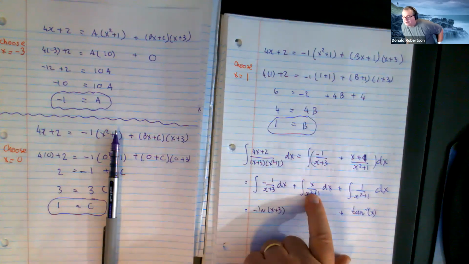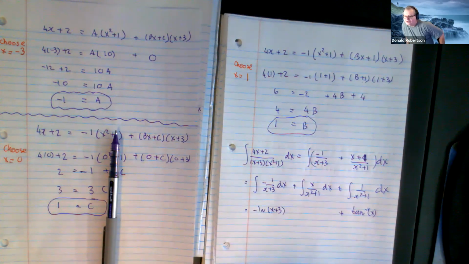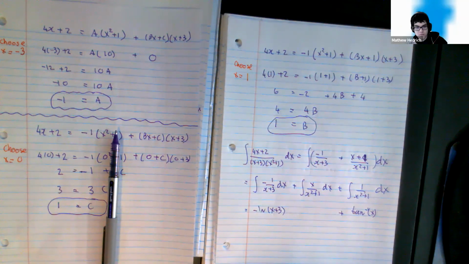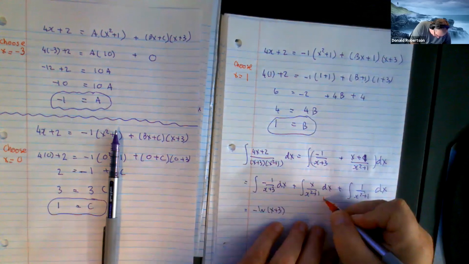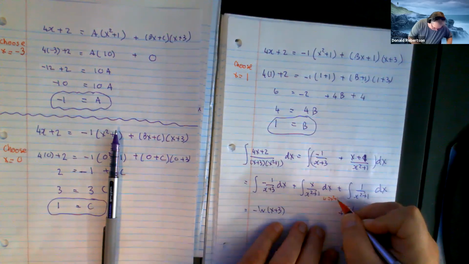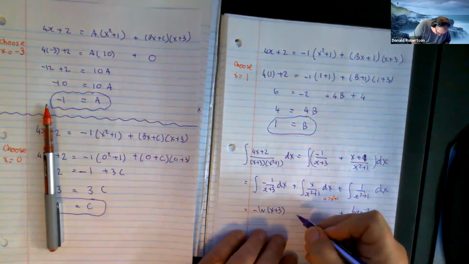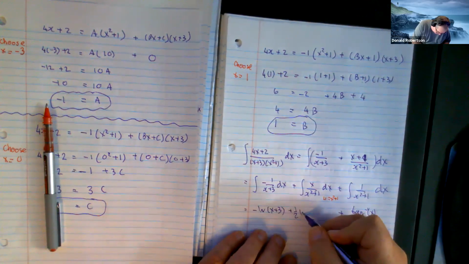What method am I going to use to solve x over x squared plus 1? U sub? It is. And the u sub is going to be x squared plus 1. And you lot are just going to have to trust me on this, but eventually you get that.